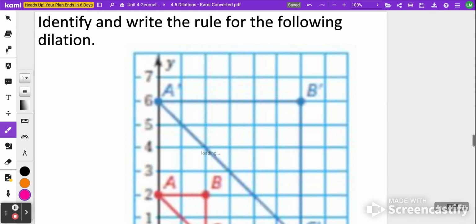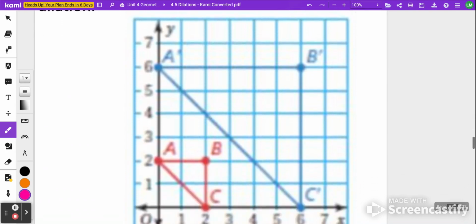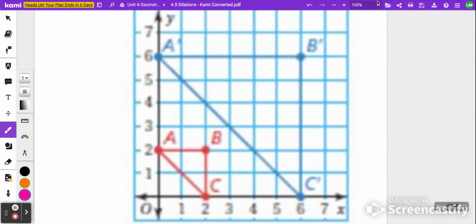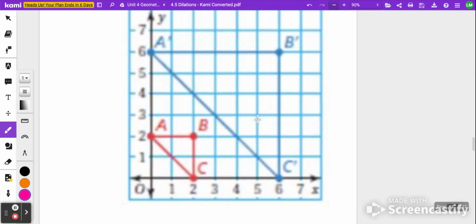So what we're going to do first is identify and write the rule for the following dilation. You do have to have some knowledge of the pre-image and the image. This one down here is considered the pre-image because the letter A is just the letter A, where here is the image because it has the prime symbol next to it. So let's start by just focusing on how letter A started and how letter A ended up.